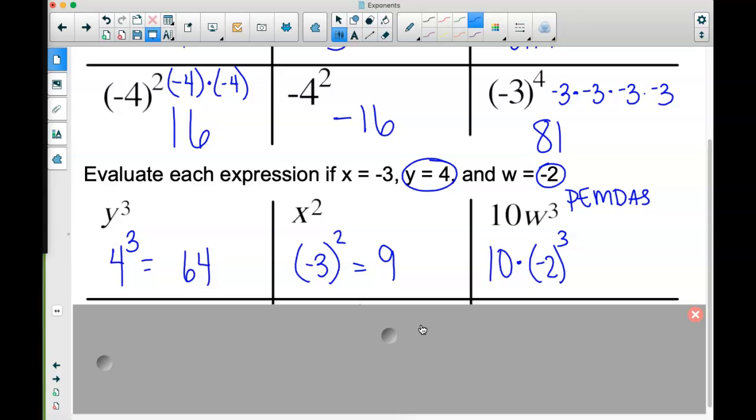But then it's negative, right? This piece right here is negative 2 times negative 2 times negative 2. So this equals negative 8. And then negative 8 times 10 is negative 80. So be really careful with negative signs. Questions on that piece?